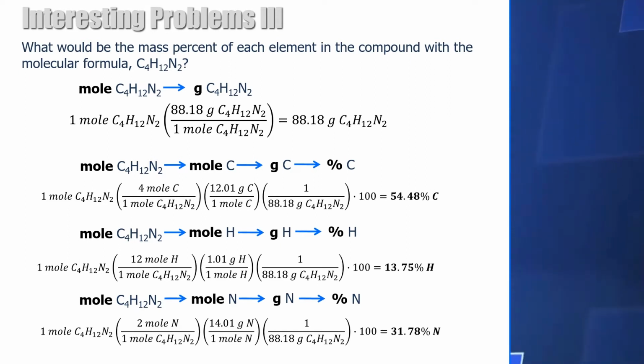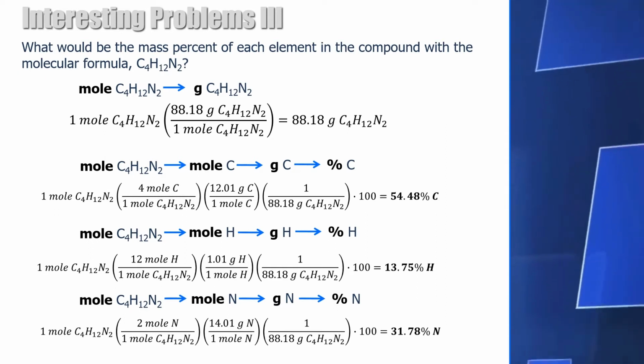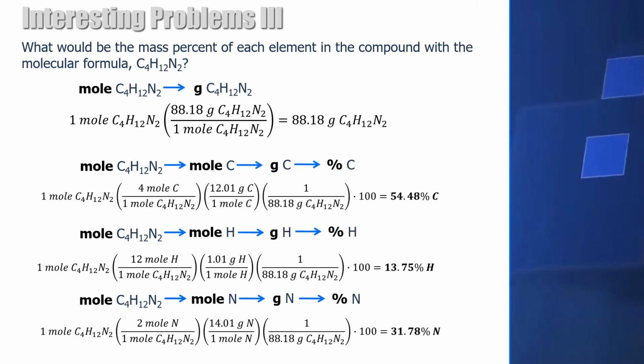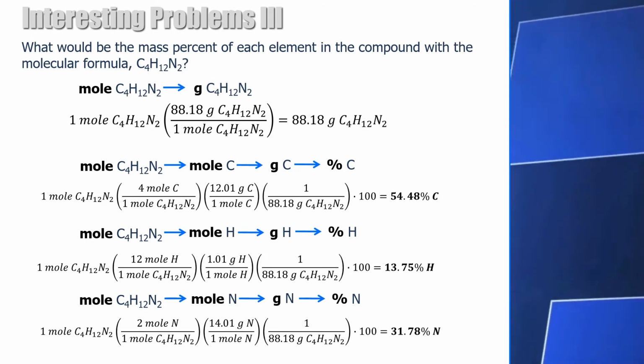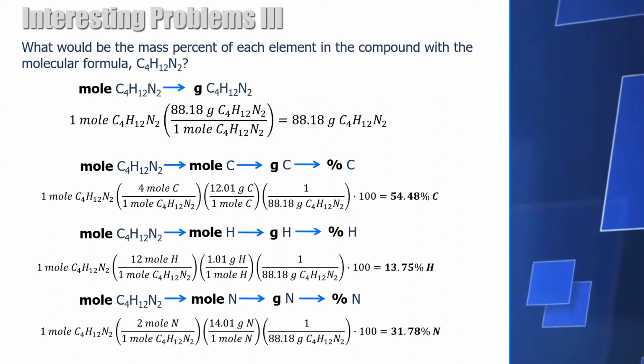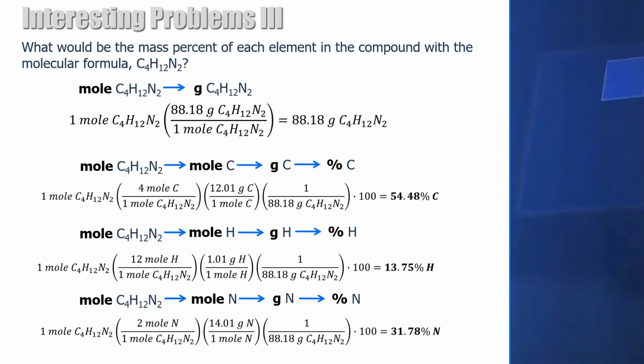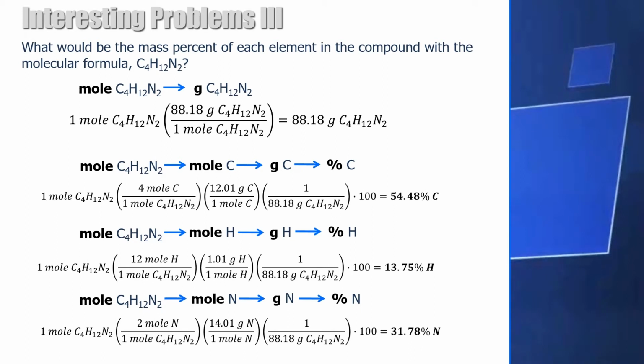From here, we multiply by the relative atomic mass of each element to get the final mass of each element in 1 mole of the compound. Now we take the ratio of the mass of each element in 1 mole of compound by the total mass of 1 mole of the compound and multiply by 100 to get the final mass percentage value for each element.